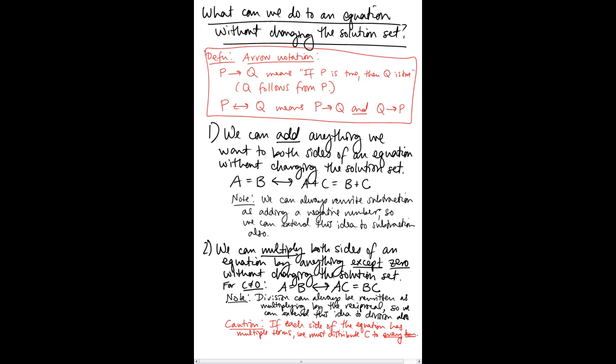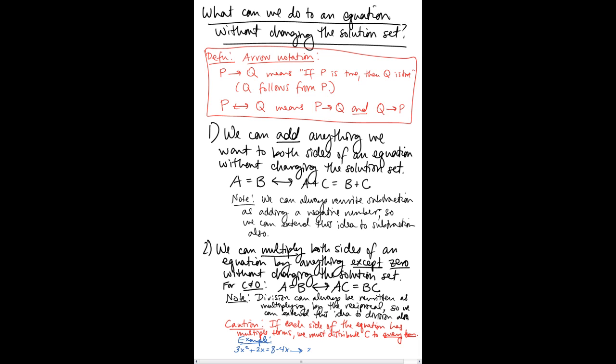So for example, if we had 3x squared plus 2x equals 8 minus 4x, and we wanted to multiply both sides by 2, what will we get?